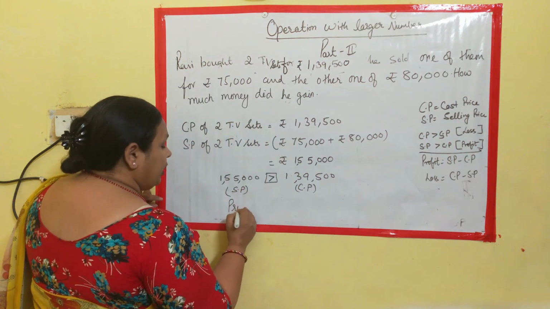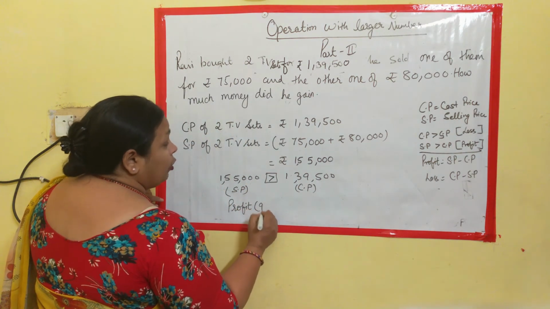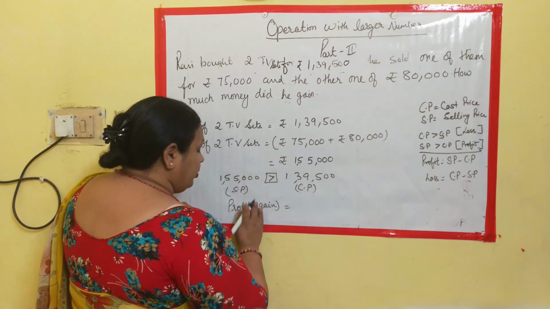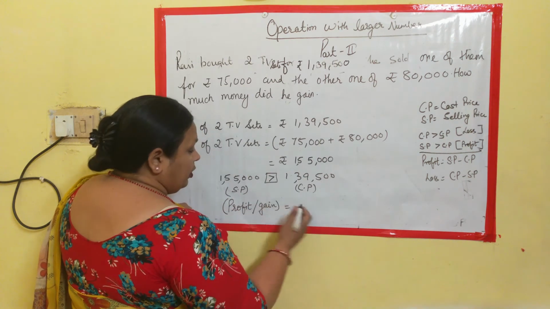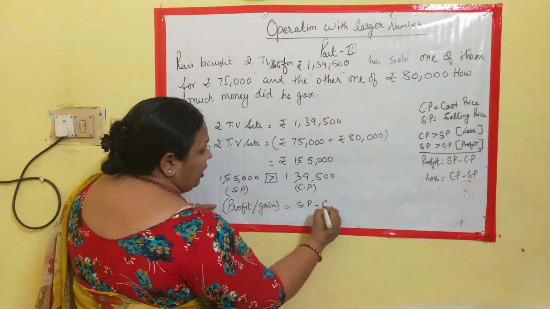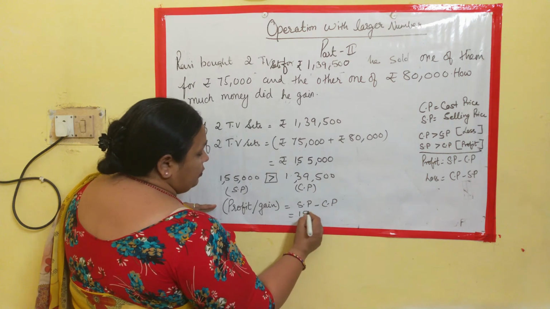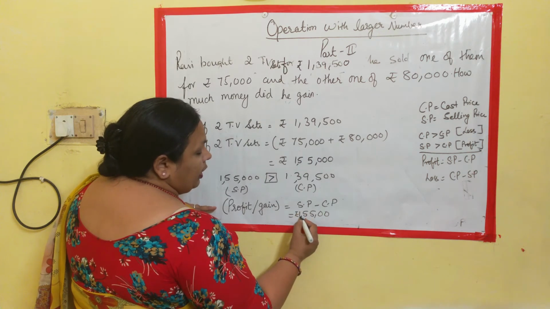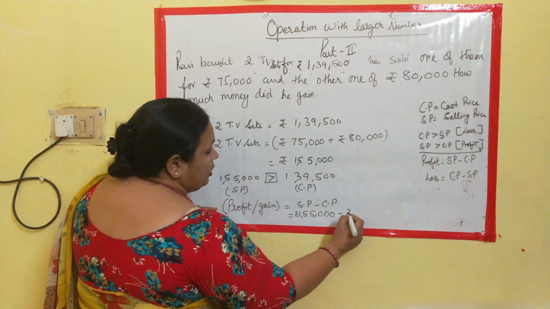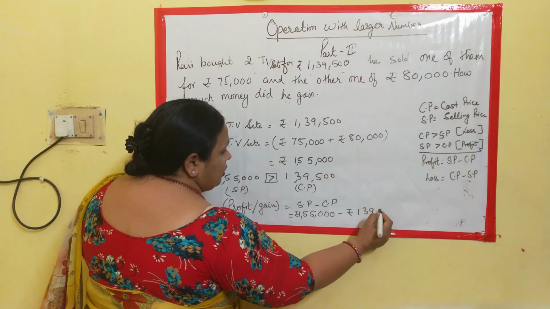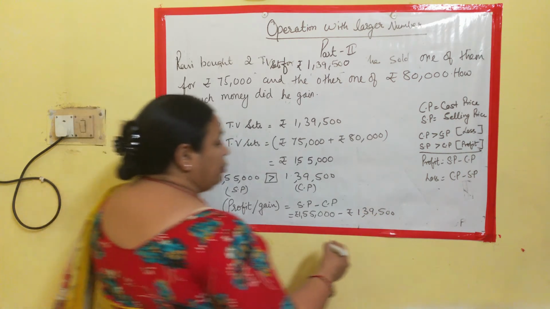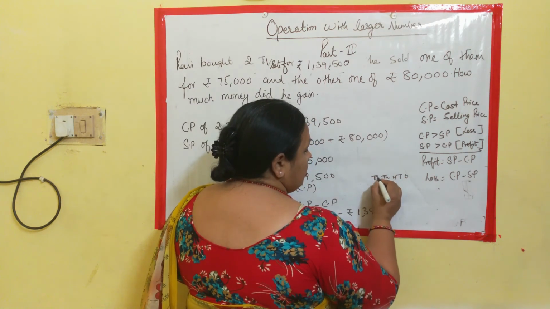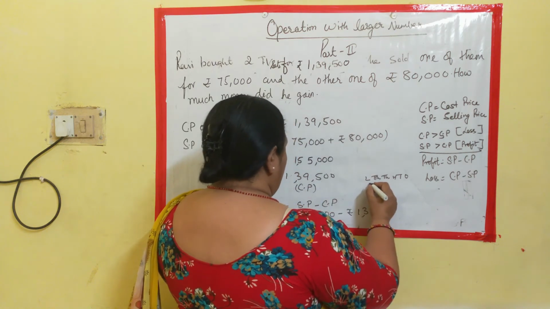And the profit to be calculated as profit, or as given in the question as gain, is equal to SP minus CP, that is rupees 1,55,000 minus rupees 1,39,500. So while doing the operation, ones, tens, hundreds, thousand, 10,000 and lakh.